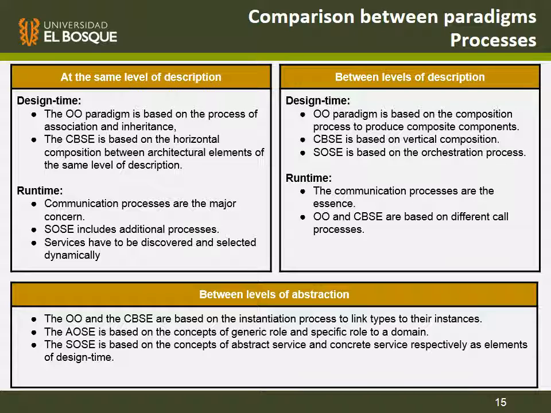In the between levels of description category, we have the following things. In the design time, the object-oriented paradigm is based on the composition process to produce composite components. The component-based software engineering is based on vertical composition, which consists of a subcomponent encapsulated in a composite component.